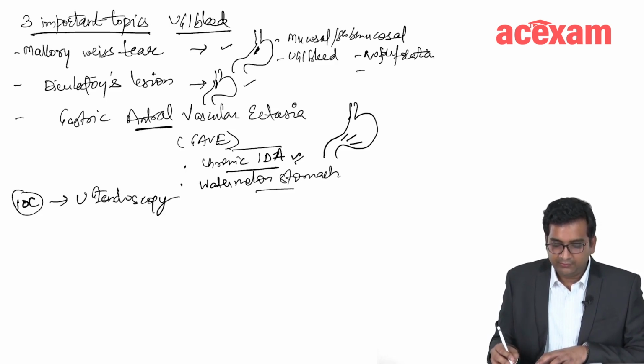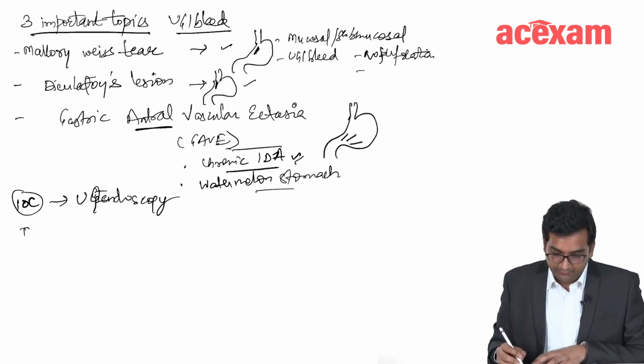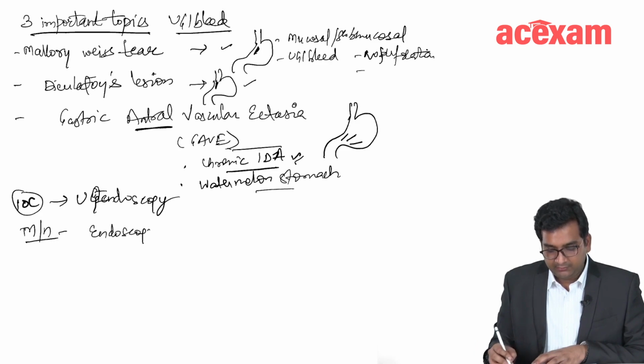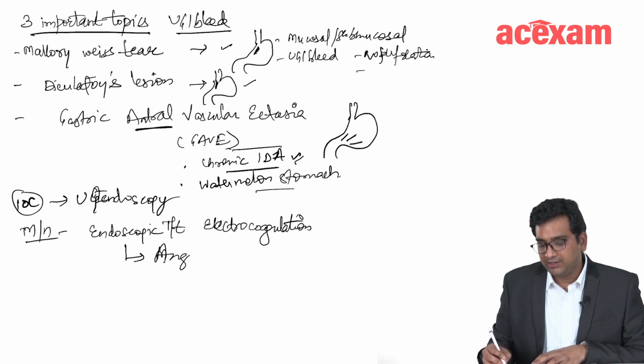Investigation of choice for all three of these is upper GI endoscopy, and the treatment of choice is endoscopic treatment or endoscopic electrocoagulation. In case it does not heal with endoscopic electrocoagulation, then the treatment is angioembolization.